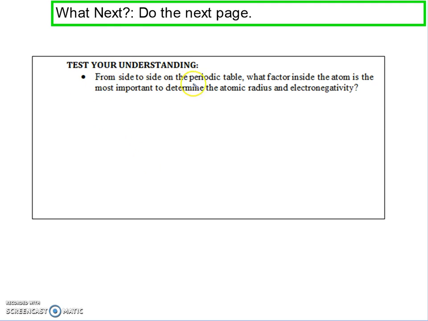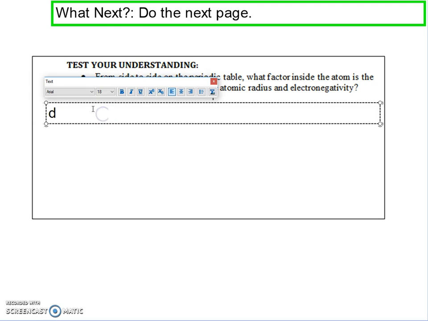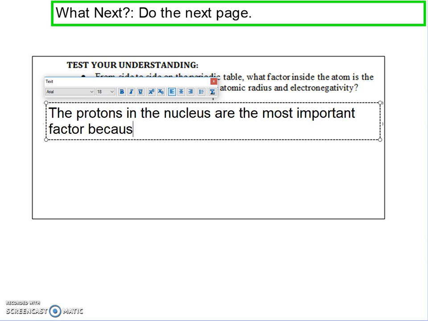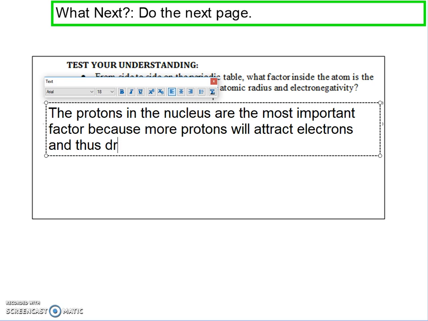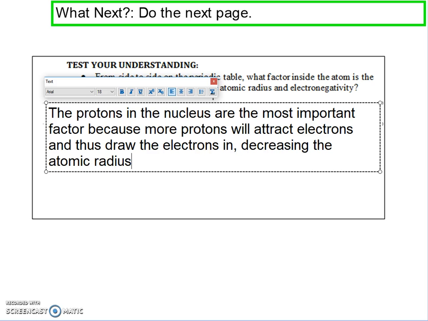Alright, it says, from side to side on the periodic table, what factor inside the atom is the most important to determine atomic radius and electronegativity? Alright, so I'll type this one out. So we're going to say the protons in the nucleus are the most important factor because more protons will attract electrons and thus draw the electrons in, decreasing the atomic radius.